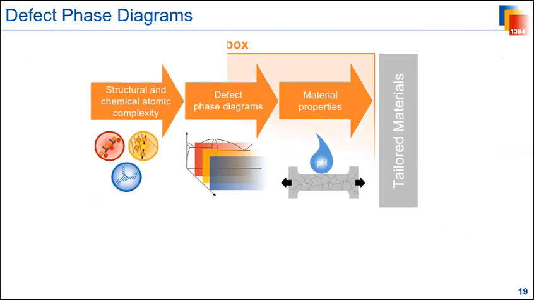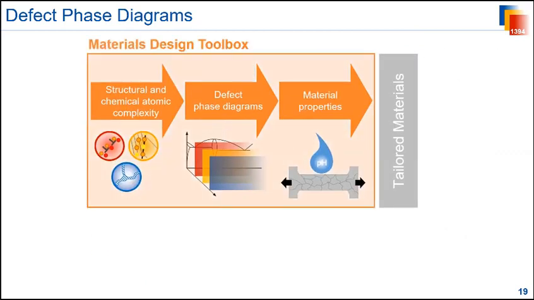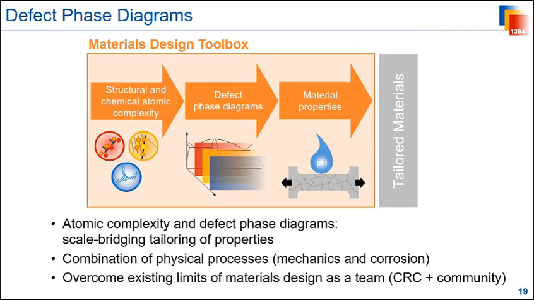So with this, we'll have an integrated approach that starts from the atomic complexity of defects to describe them in defect diagrams, and that allows scale bridging, control of defects, and there's also tailoring of materials and their properties in application conditions that would be our engineering space.